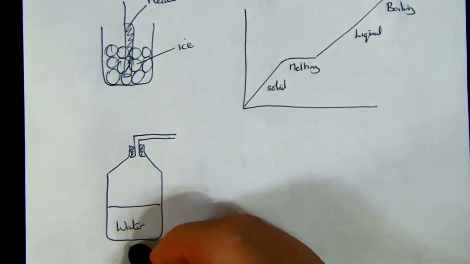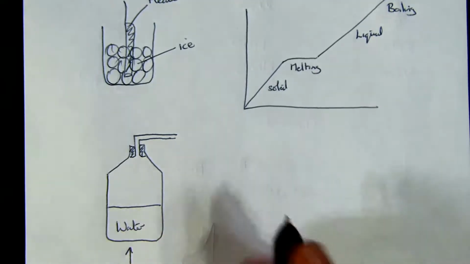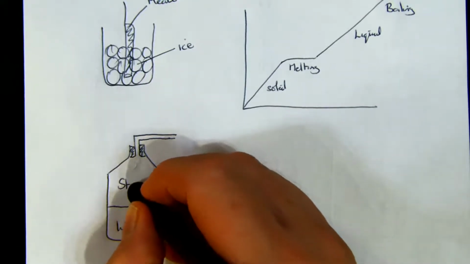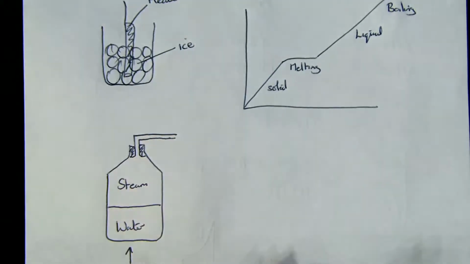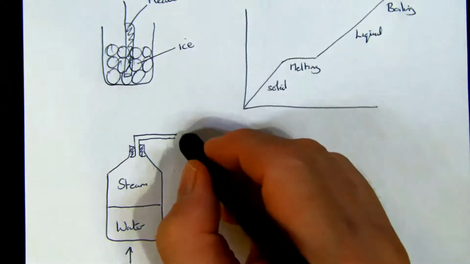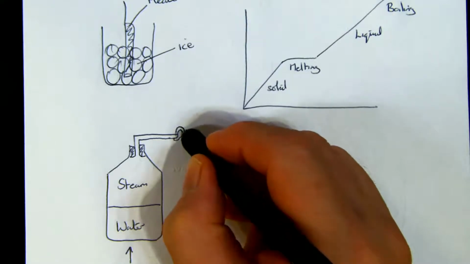The water we're supplying lots of heat to, and this water will boil and turn to steam, very much like you have coming out of a kettle. Now, this is where the experiment gets a little bit different. What we can do is typically we put this into a coil.